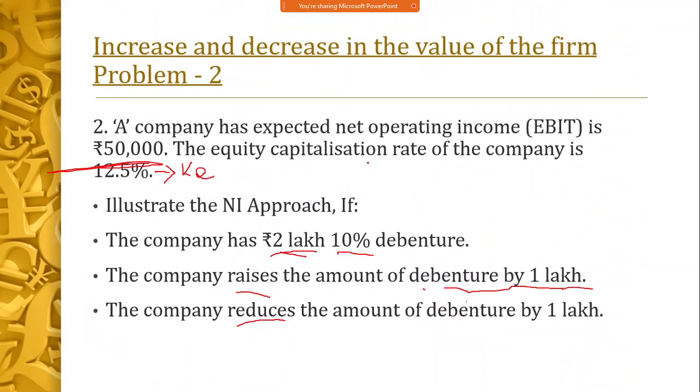Under the first scenario, the amount of debt is 2 lakh. Under scenario B, the amount of debt would be increased. It would be 2 lakh plus 1 lakh, which is 3 lakh. Under situation C, or scenario 3, the amount of debentures changes yet again. Here there is a decrease in the amount of debt, that is 2 lakh reduced by 1 lakh. So you will have 1 lakh of debentures.